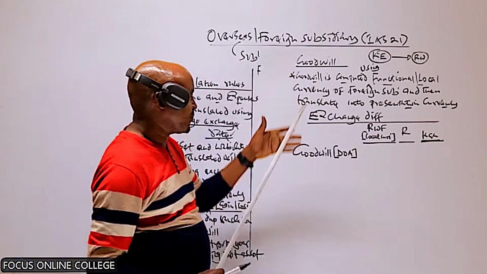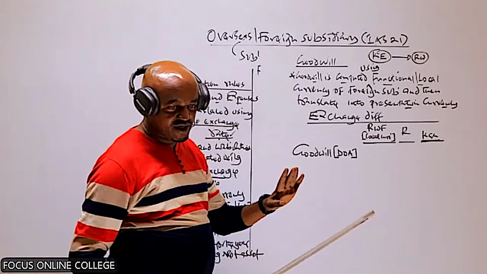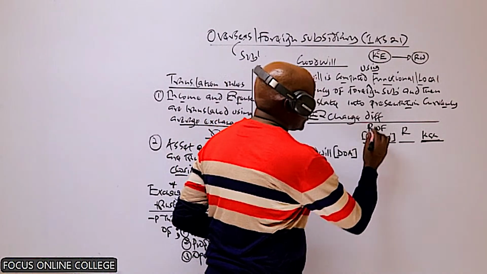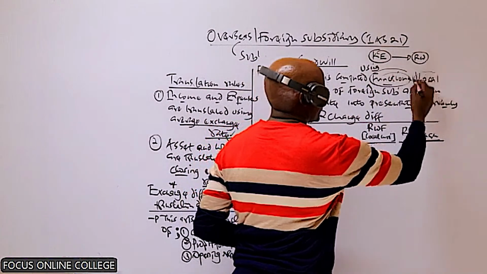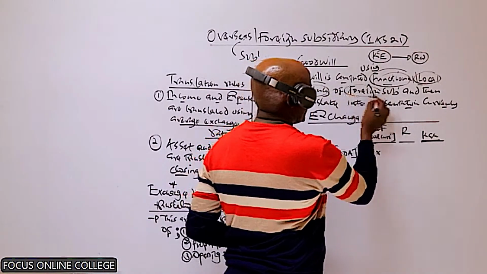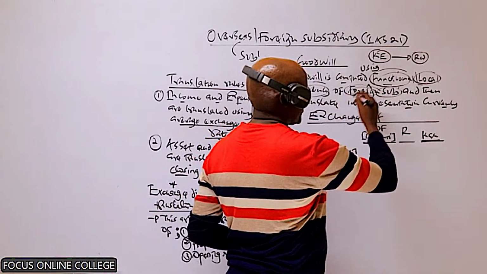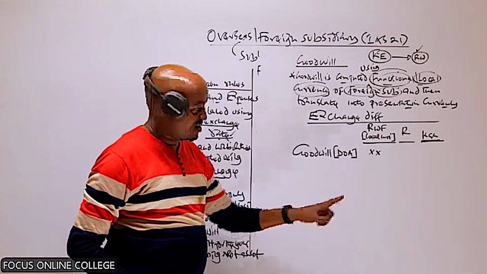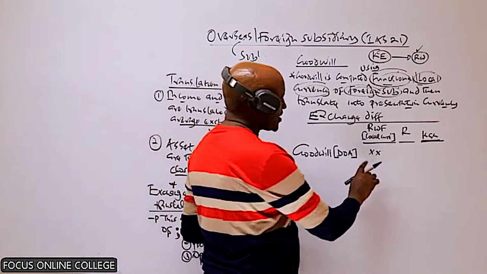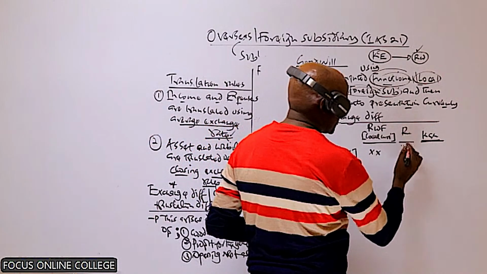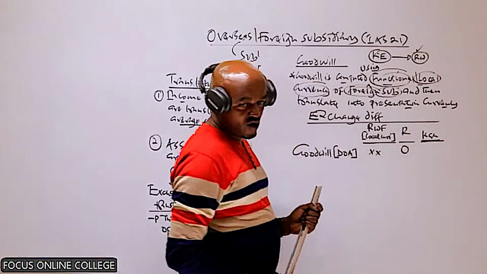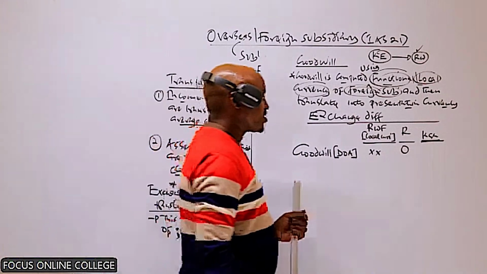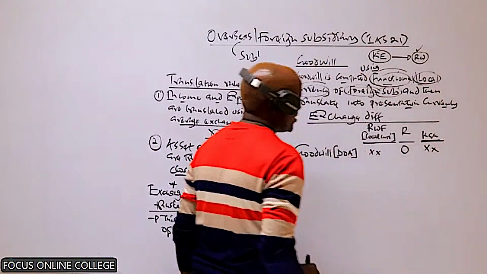So we compute this goodwill on the date of acquisition, always at the start of the current year, using the functional or the local currency of the foreign subsidiary. If the subsidiary is operating in Rwanda, we compute that goodwill using the Rwandan franc. Then we translate that into Kenyan shillings using which exchange rate? The opening exchange rate, the exchange rate at the start of the year. We get the value there.